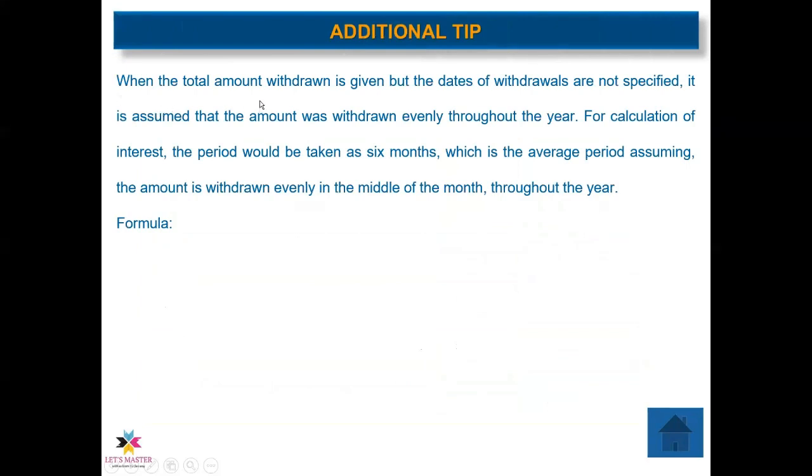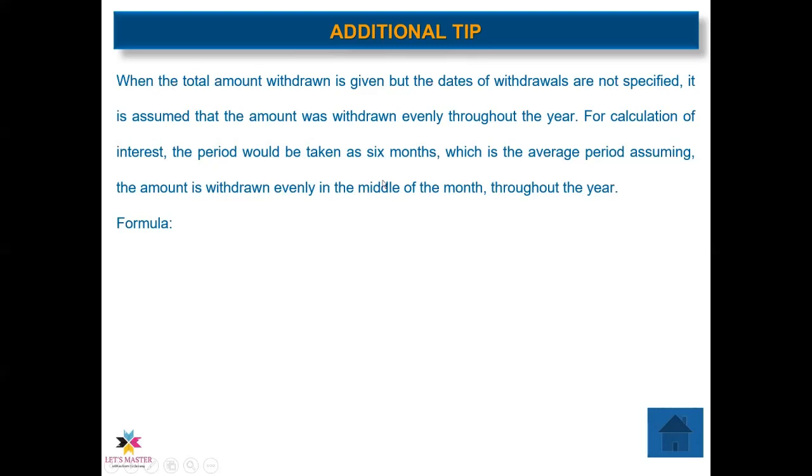When the total amount withdrawn is given, but the dates of withdrawals are not specified, it is assumed that the amount withdrawn was even throughout the year. And for calculating interest, the period would be taken as 6 months, assuming it's the average period, and the amount withdrawn evenly in the middle of the month throughout the year.